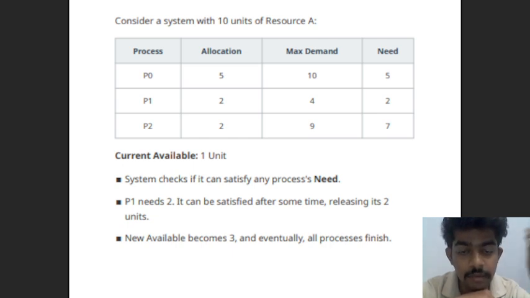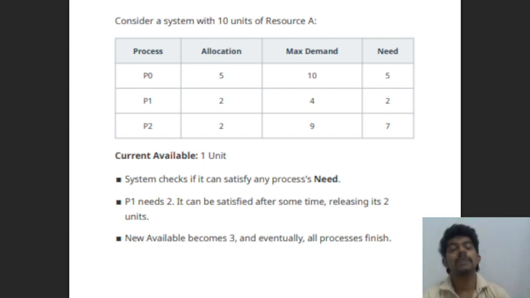So the previous available resources were 1, and the 2 freed by P1 are added, making the count 3 available resources. Now the new available becomes 3 and eventually all processes finish.